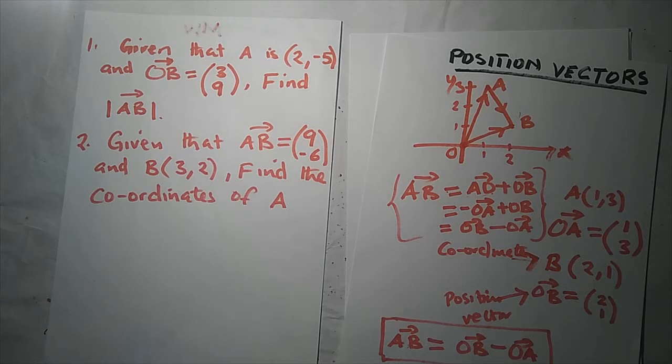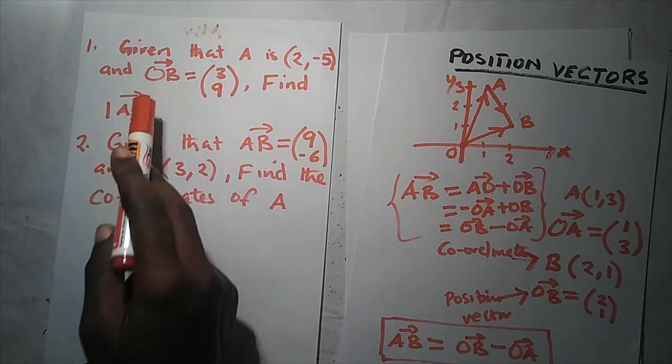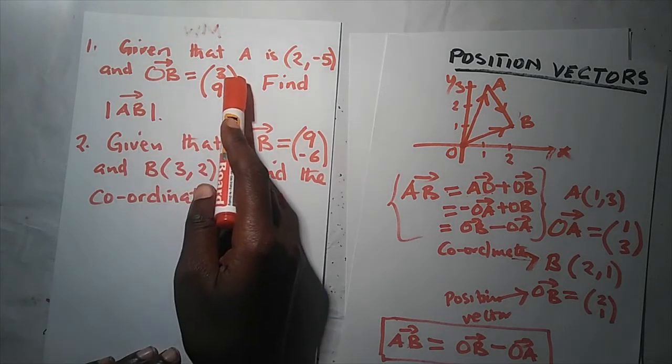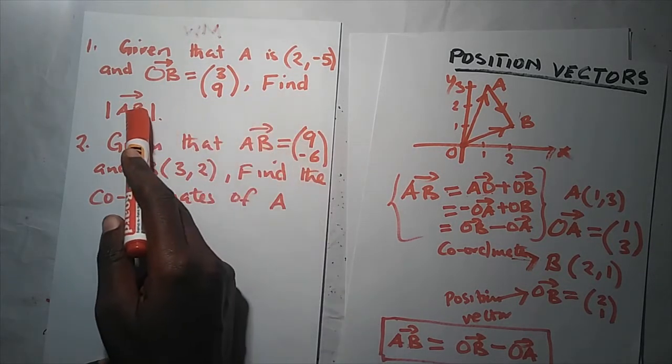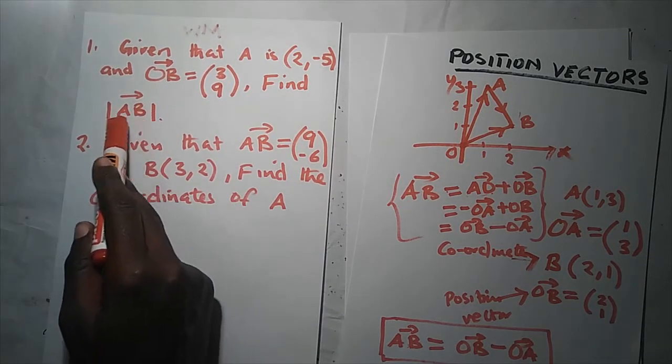Now we are going to look at these two questions that we have. Okay, so the first question here says, given that A is 2, -5 and OB is the vector 3 and 9, find the magnitude of AB. Find the magnitude of AB.